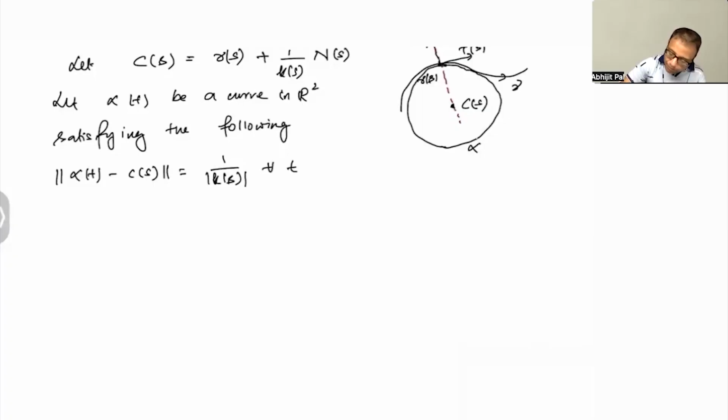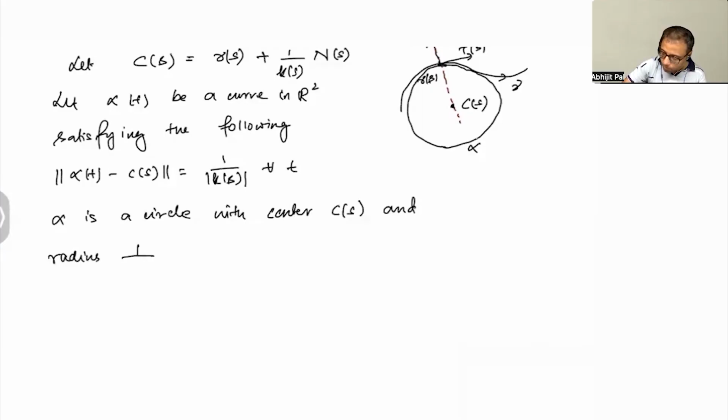So this alpha is a circle with center cs and radius 1 by mod ks. Here I am taking this ks not equal to 0.